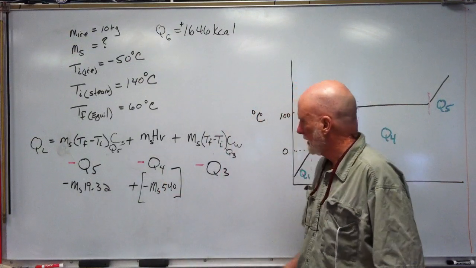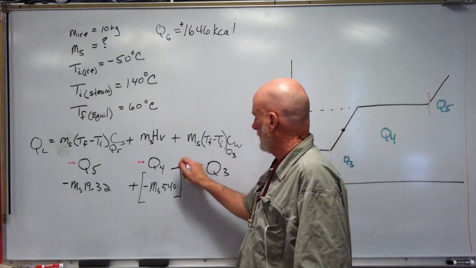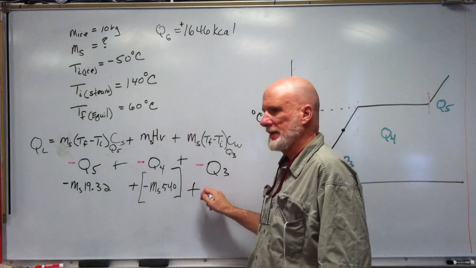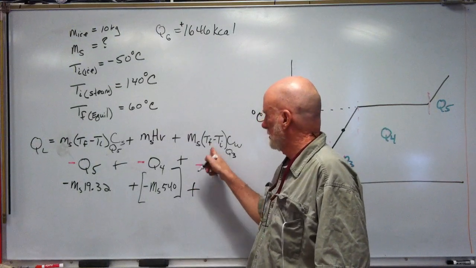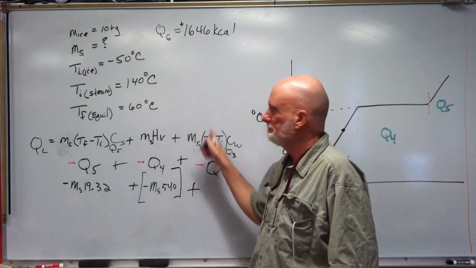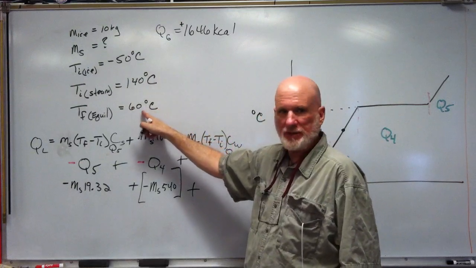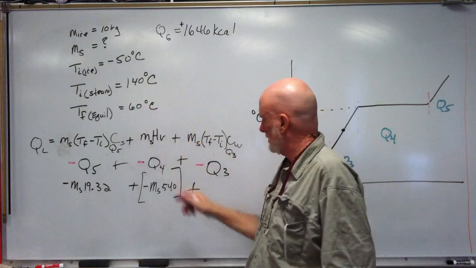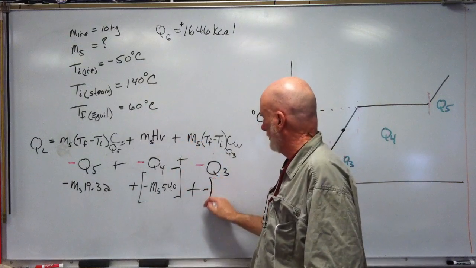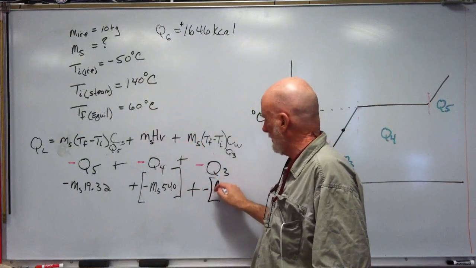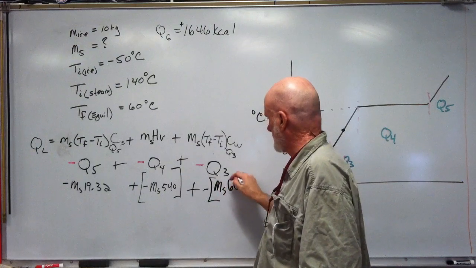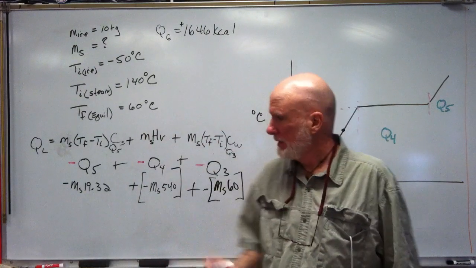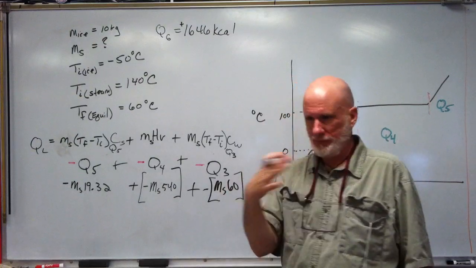And then Q3 is going to be MS times 60, so 0 minus 60 is minus 60. So it's going to be negative MS 60. Correct? Now, this is what I want you to do.